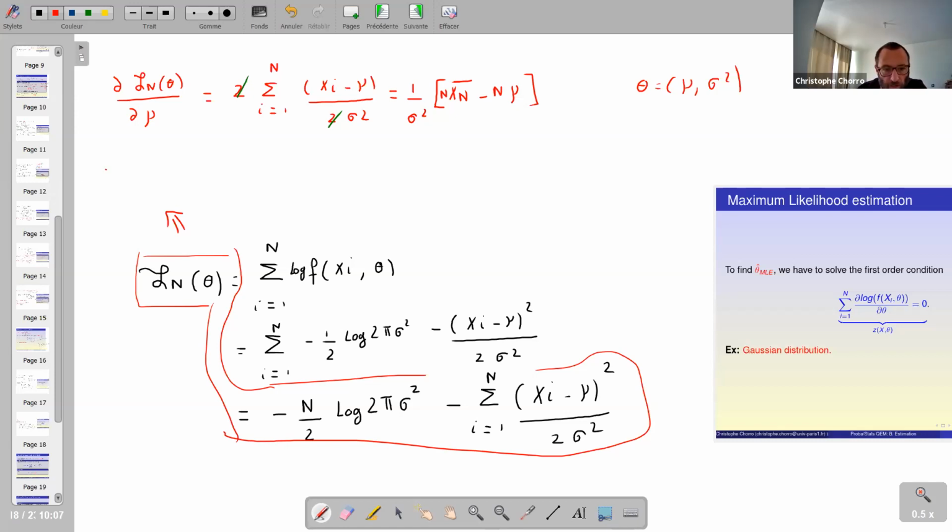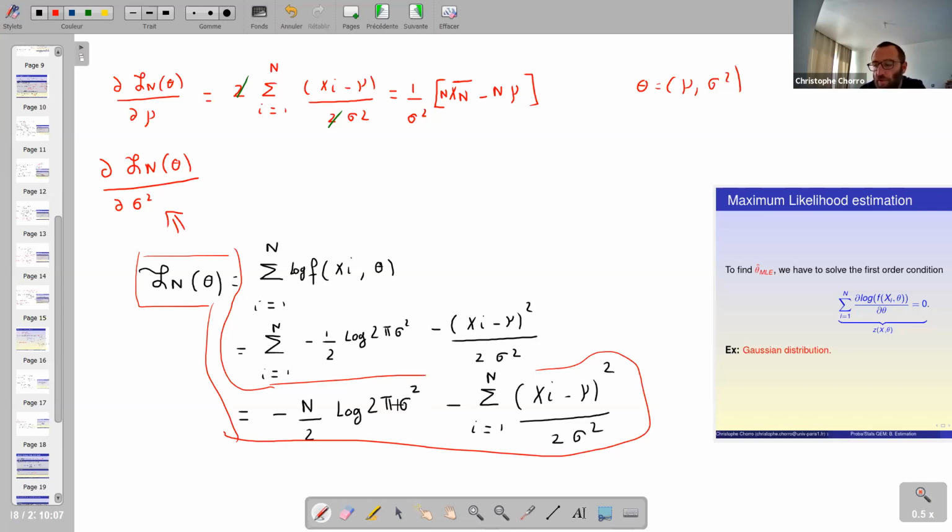In the same way, if I compute here the derivative of the log likelihood with respect to sigma square, keep in mind that my parameter of interest here is sigma square. It's like sigma square is equal to x in the expression. So I have to compute this one, that is the constant multiplied by the logarithm of 2 pi, let's say, my parameter of interest.